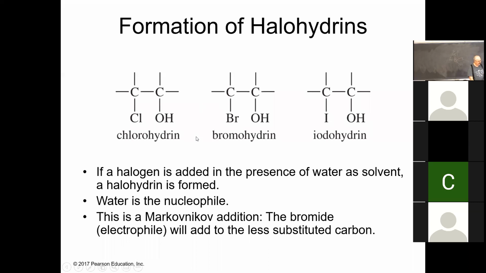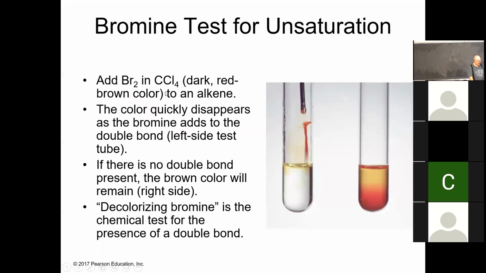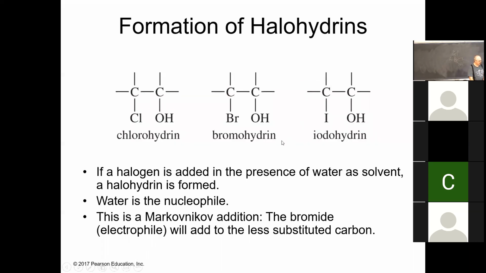If instead of a solvent such as carbon tetrachloride or dichloromethane, we use water, instead of a dibromo or dihalogenated alkane, we'll get a halohydrin. Chlorohydrin if our halogen is chlorine, bromohydrin if it's bromine, iodohydrin if it's iodine. Water, in this case, is the nucleophile.